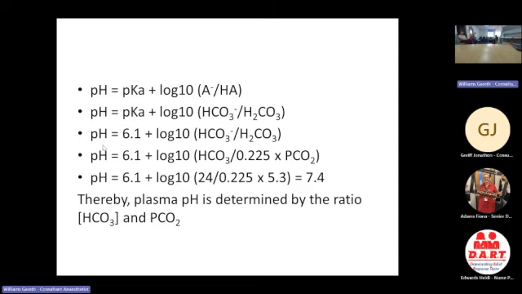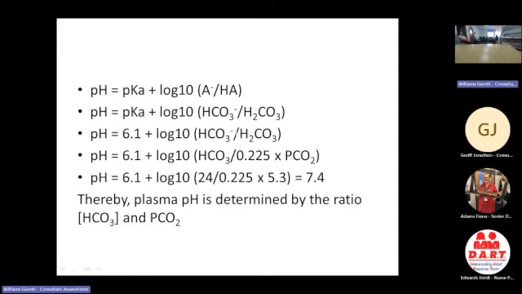So if we just look at this for the bicarbonate system, our acid is carbonic acid, H2CO3, our base element is bicarbonate. The pKa of this acid, which is a physicochemical property, is 6.1. We can plug in the numbers now. And as I've said, H2CO3 is almost totally dependent on how much dissolved CO2 there is.